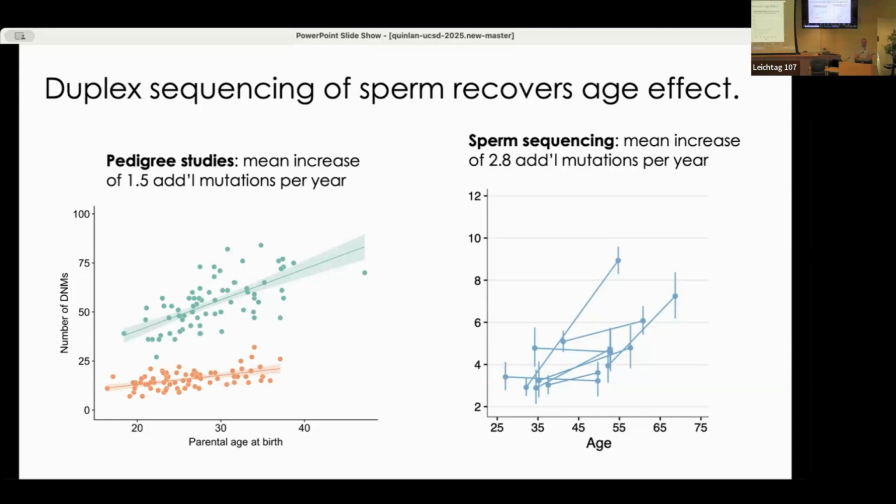But if you average this out, we see an increase over time in mutation rate. It's an additional 2.8 if all this is averaged. So that suggests that if we believe the 1.5 is the real rate of increase, the 2.8, maybe the residual is false positives. But the signal's there.